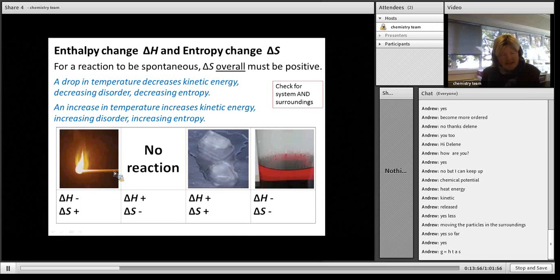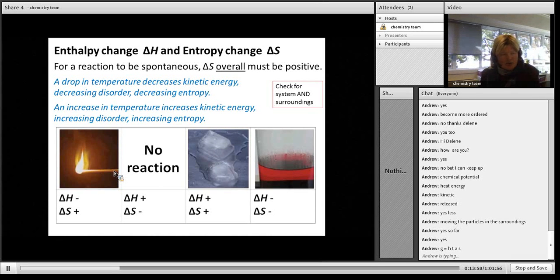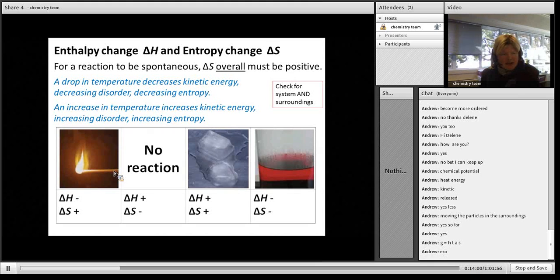Do you think that's an exothermic reaction or an endothermic? If you like to match. It's exothermic. You can see heat's being given off. So delta H, remember what we said, for an exothermic reaction, delta H is negative because the products have less energy than the reactants, so that heat has to be given off.